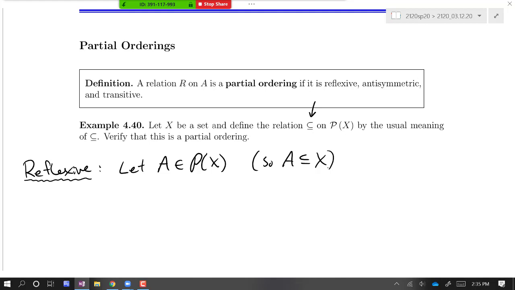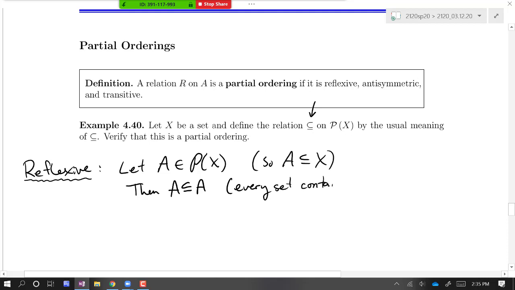I'm going to write A is a subset of A. A is contained in itself, because every set contains itself. So that means that this relation, subset, is reflexive.